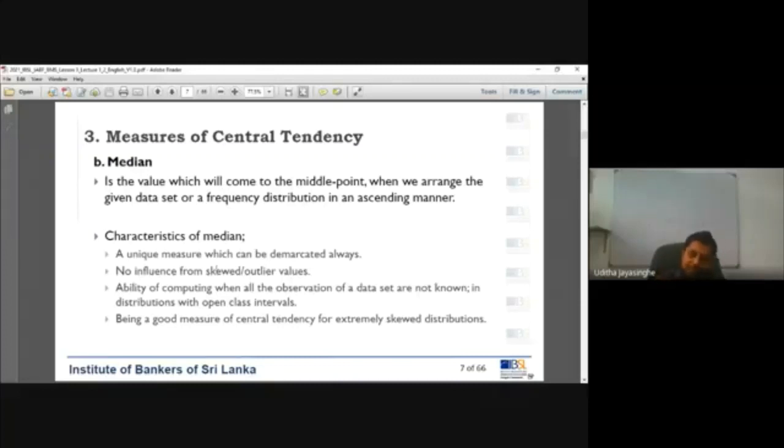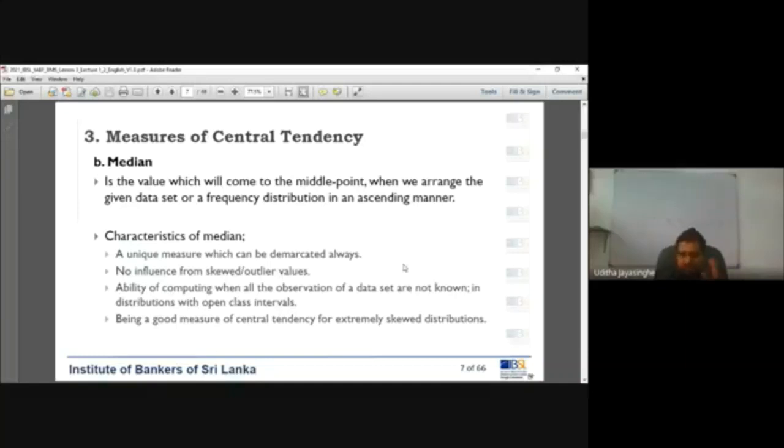No influence from skewed outlier values. Similar to our example, that 1111. Now that's an outlier in that data set of 7s, 9s, and 10s. But even if that number is there, it's just one position in that particular data array.